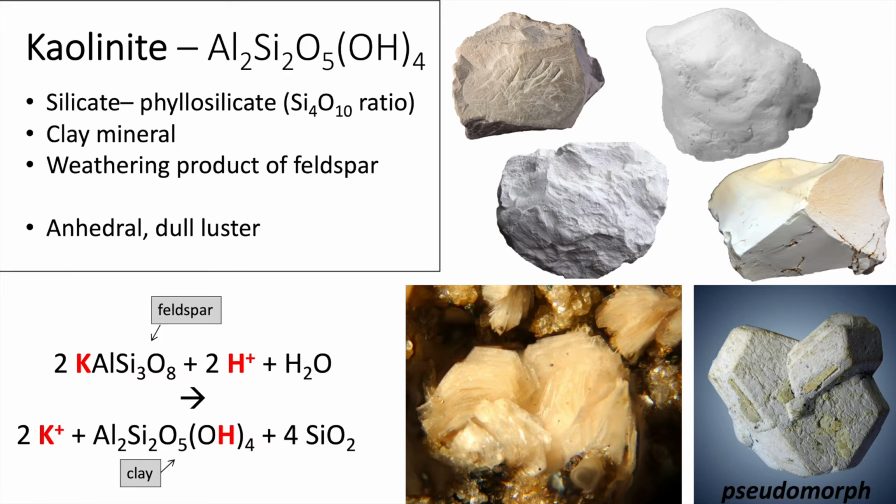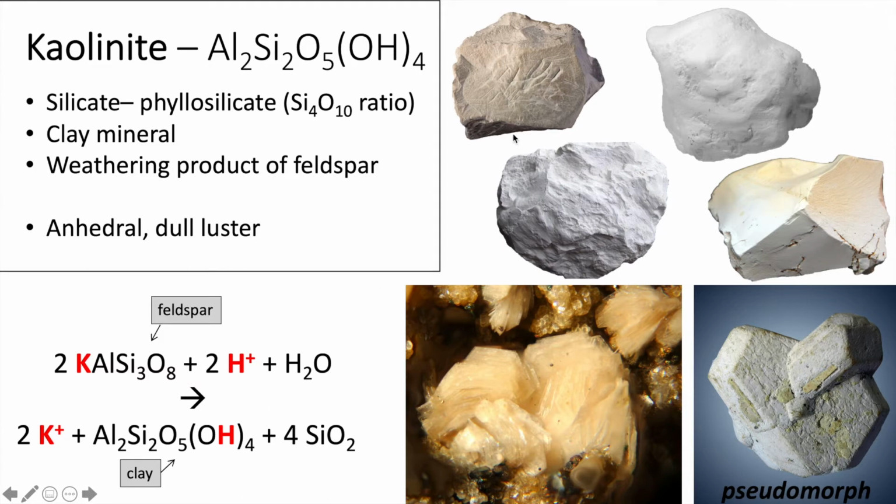So we went from a mineral structure that had no water component to a mineral structure that now has a water component. And so that is this kaolinite, this clay.